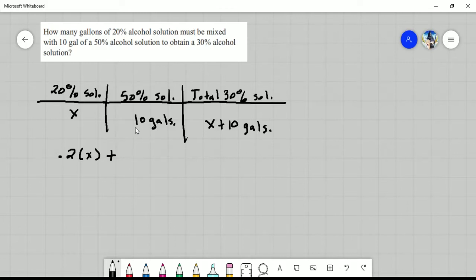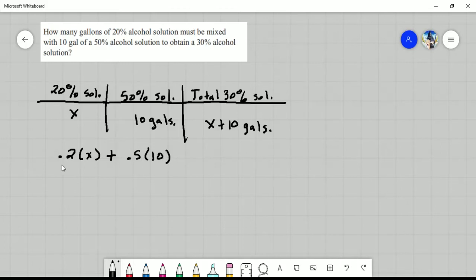So the second piece will be the same format as the first piece, 50% of, so that will be in decimal form, 0.5 of 10 gallons, which is 0.5 times 10.